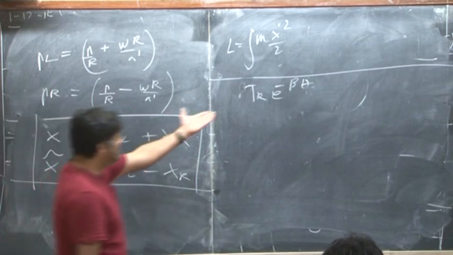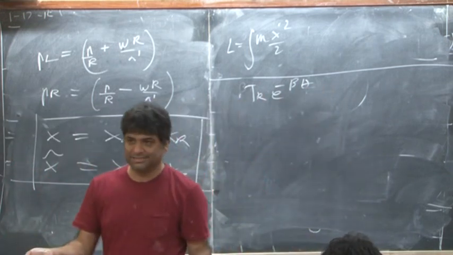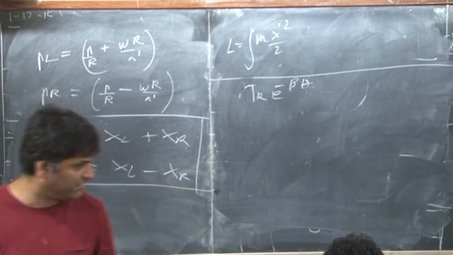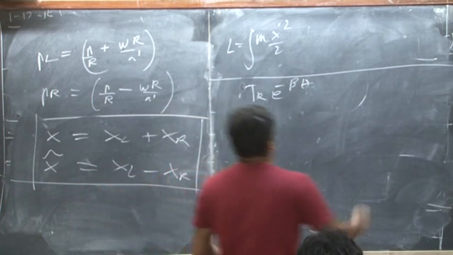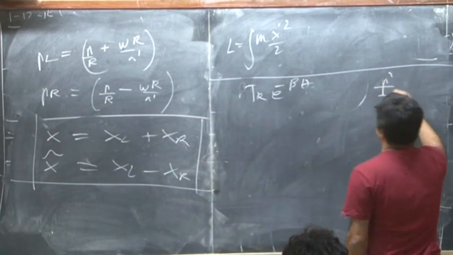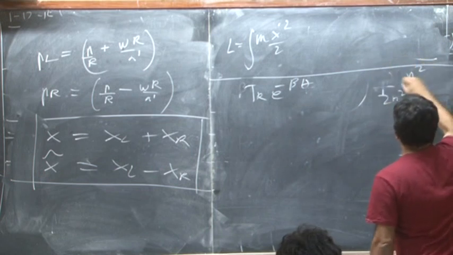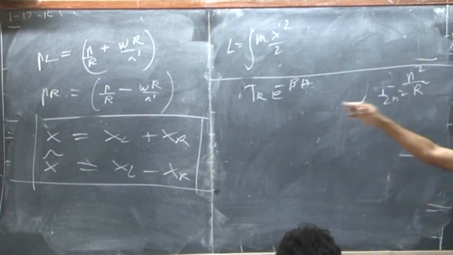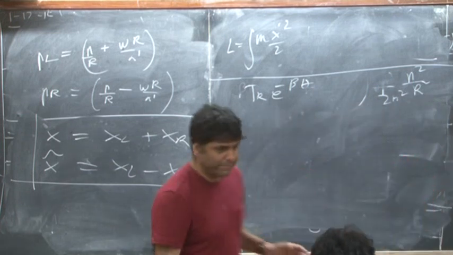The answer is this: the trace is simply the trace over the spectrum of the Hamiltonian. What is the spectrum of the Hamiltonian? It's p squared by 2m, and p we know is n by r, since x is periodic and we're on a circle.